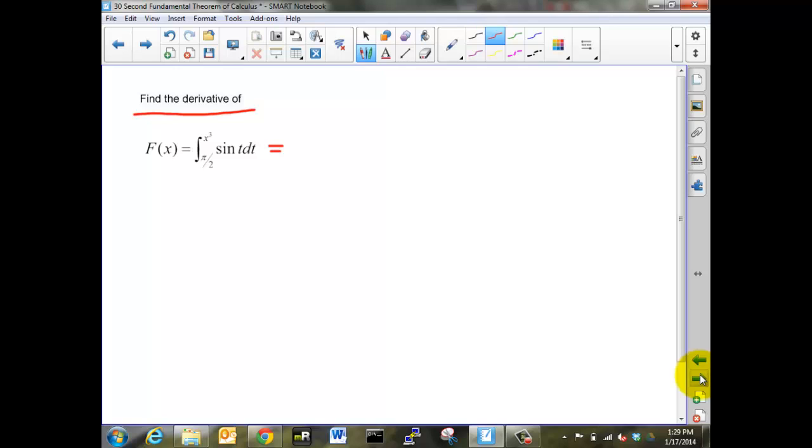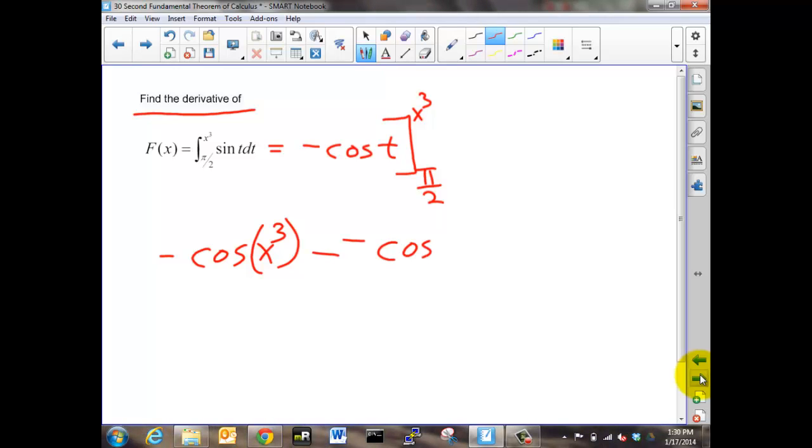So now, let's integrate this and see what part we're missing here. If we integrate sine, what do we get? Negative cosine. So we've got negative cosine of t, and we've got to evaluate it at pi over 2 and x cubed. So that means we put x cubed in there, and we get minus cosine of (x cubed), putting it in parentheses so we remember the x is being cubed, minus negative cosine at pi over 2.